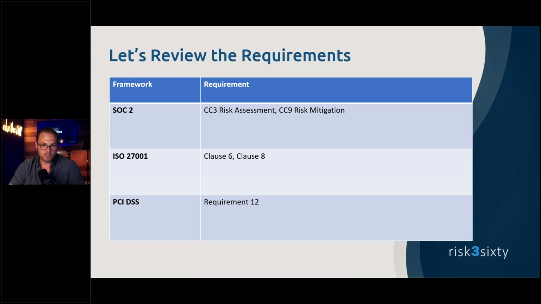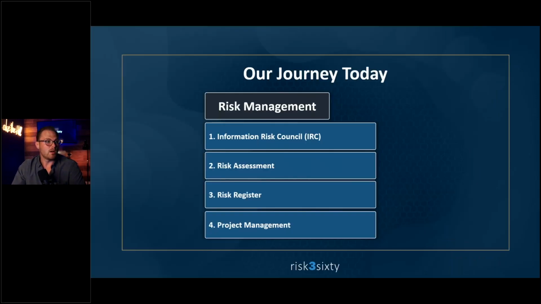PCI has requirement 12. But even if you look at HIPAA, there's HIPAA risk analysis, NIST has it all over it, risk assessment. All the frameworks require risk assessment and risk management. And they're using different words to say the same thing, but the technique I'm going to show you today will help you accomplish and meet the spirit of all of those requirements. So this is a framework agnostic process, but it will meet the requirements of all of those different frameworks. And so it'll solve John's problem.